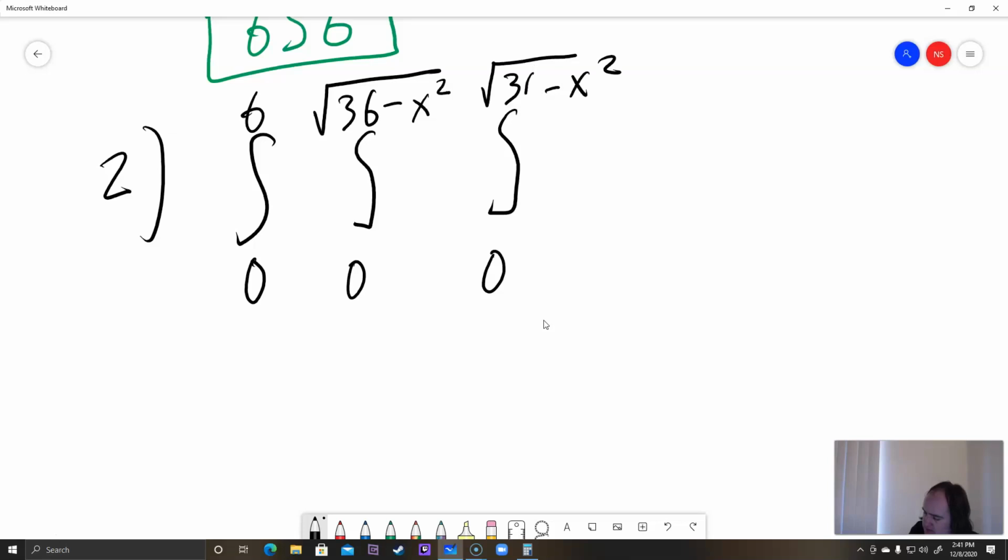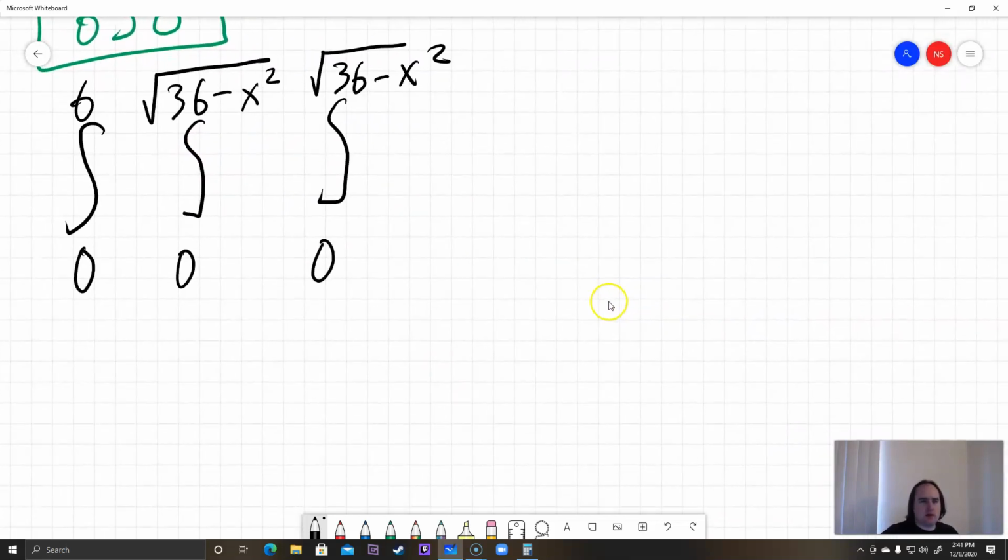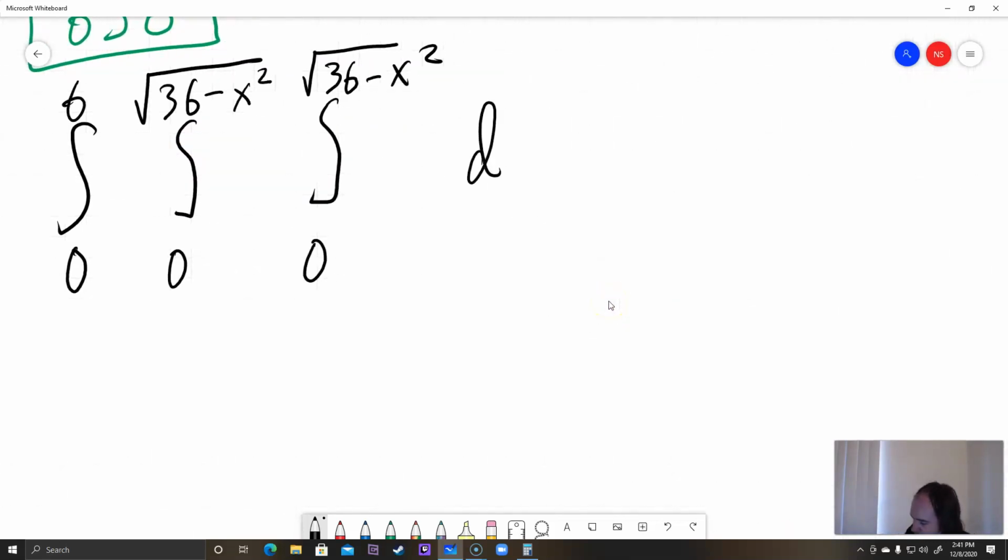So same limits of integration for those two inner integrals. Okay, and this one's going to be dz, dy, dx.